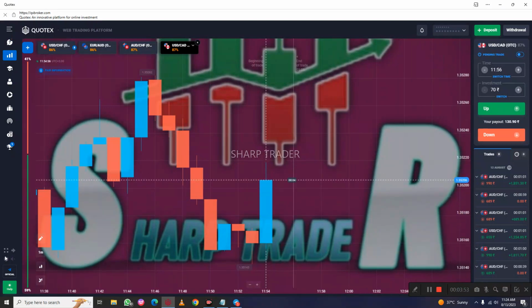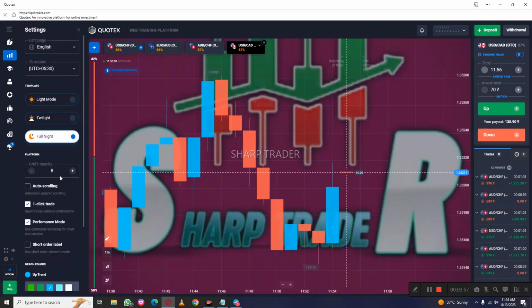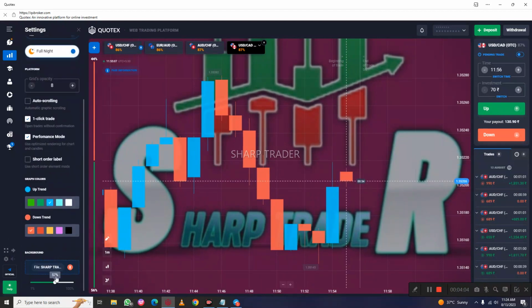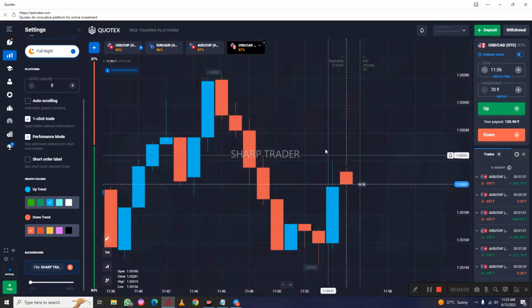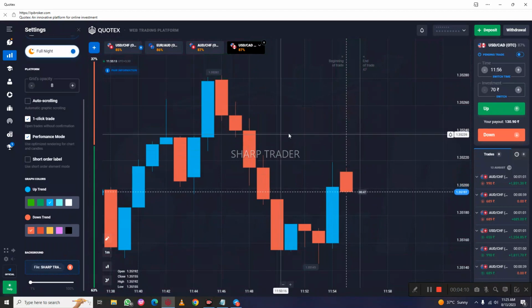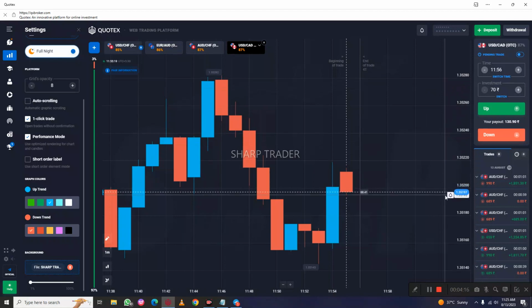This is the grid line. Let me increase its transparency. Here you can see these narrow white lines. With every value, we get a white line.